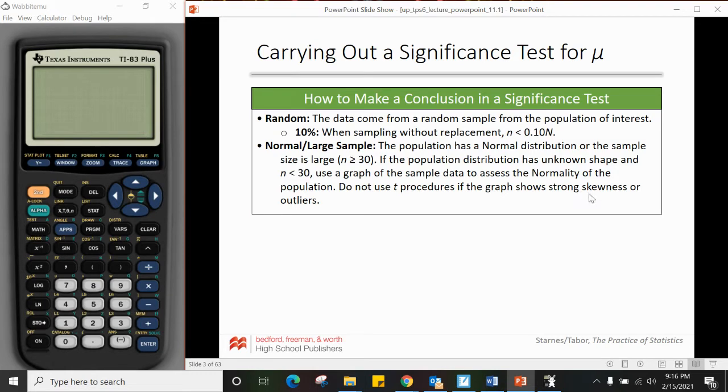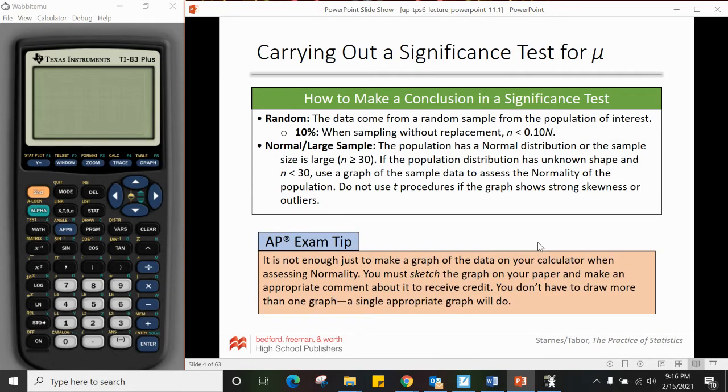So we're really looking for no strong skewness and no outliers. A test tip for all you guys out there: a graph in the calculator is not sufficient. You have to sketch the graph on your paper and make a statement saying this graph has no outliers and no strong skewness. You must state that so that the grader knows that you know how to verify this condition.